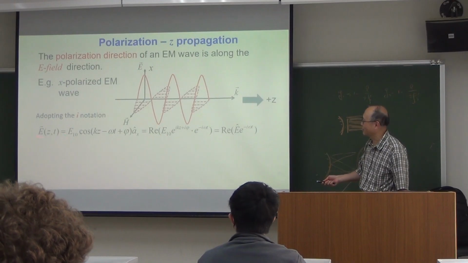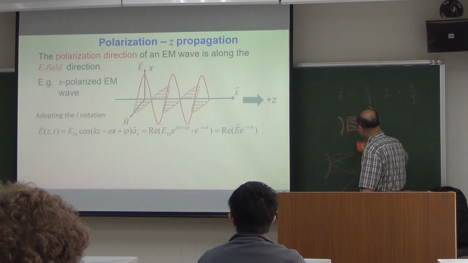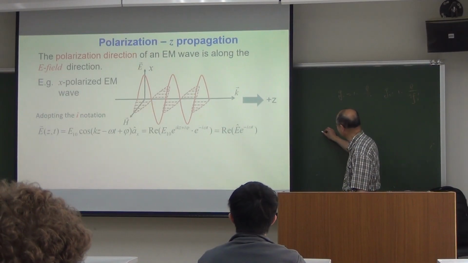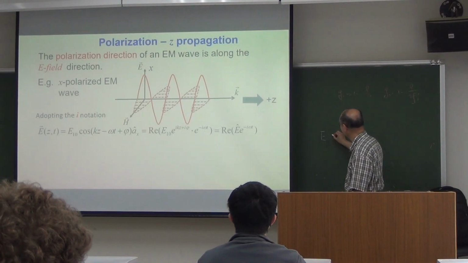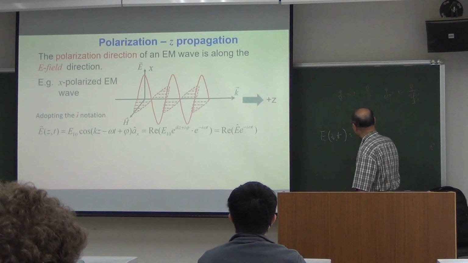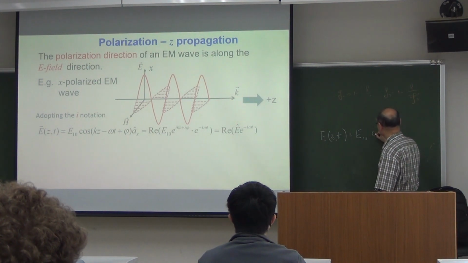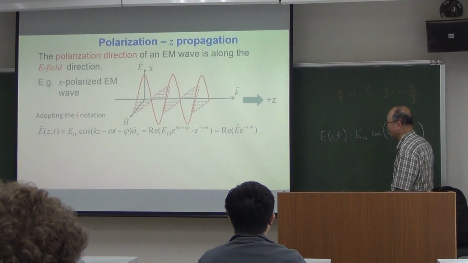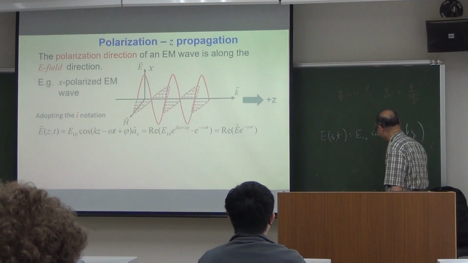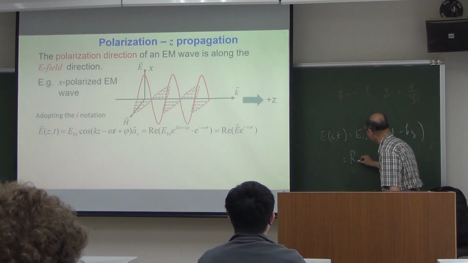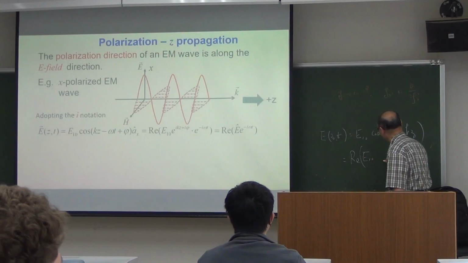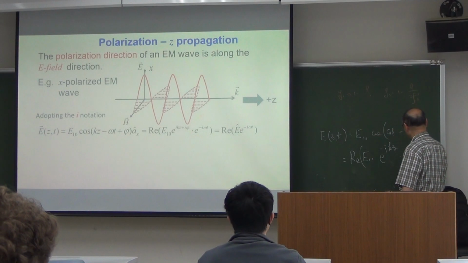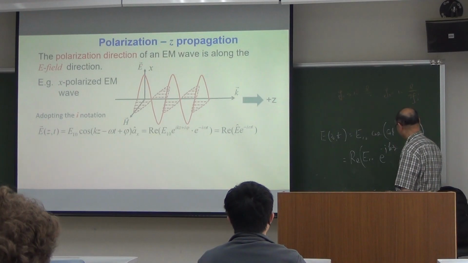But if I want to get the result, let's just do the calculation. And of course, I can also write E(z,t) like this, why not, right? And then I can write it as the real part of E0 exponential of jkz, multiplied with exponential of j omega t.